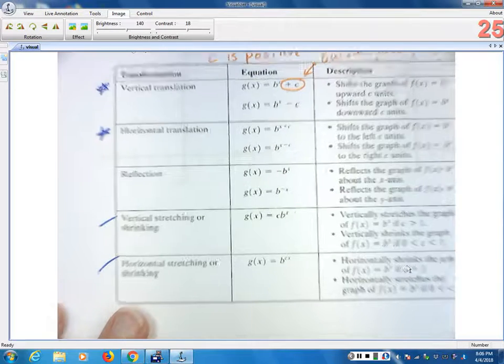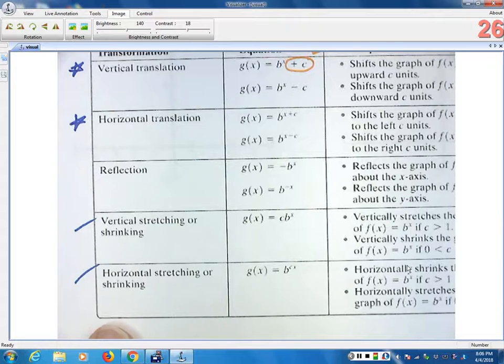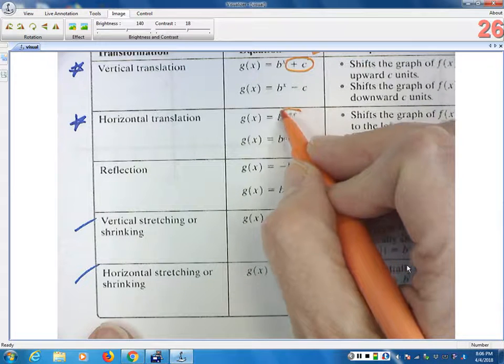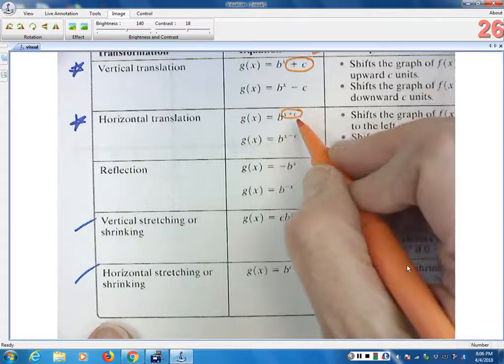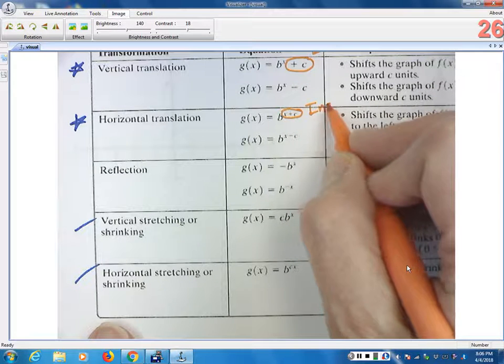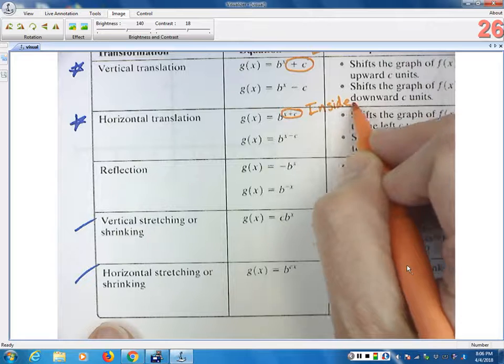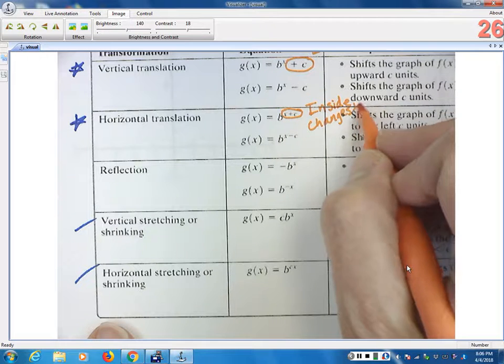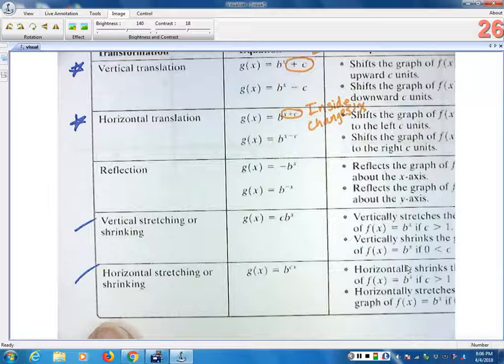Notice you've got to be careful on reading these things and writing them too. x plus c is in the exponent, so the plus c is on the inside. It changes x, and it changes it in the opposite way you would think.